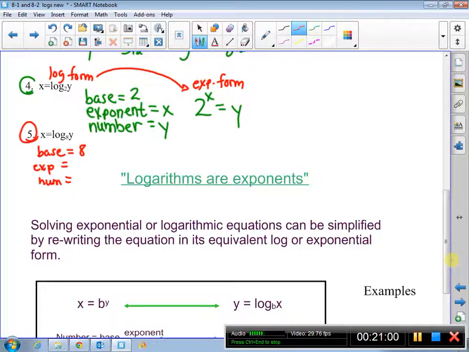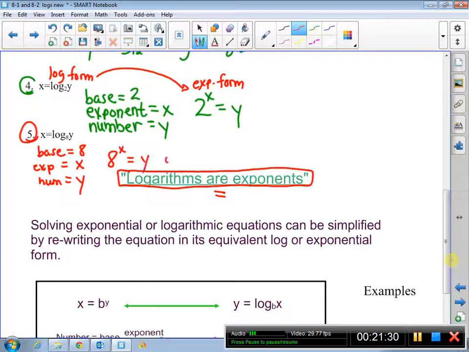The exponent is x, because logs are exponents. And then the number is y. So rewriting this in exponential form, we get our base 8 to our exponent x equals y. Or of course, y equals 8 to the x.